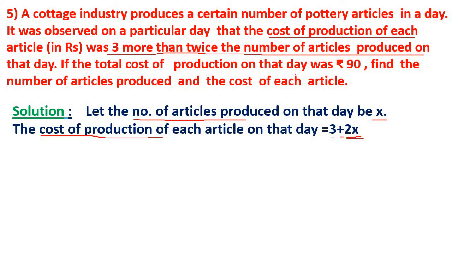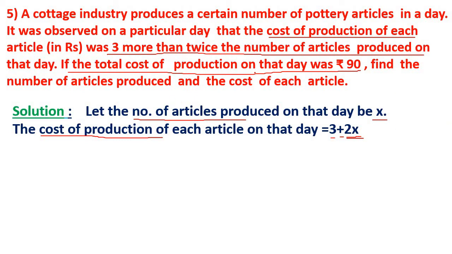If the total cost of production on that day was rupees 90, so the total cost of production. The third sentence combines the first two statements in multiplication form.